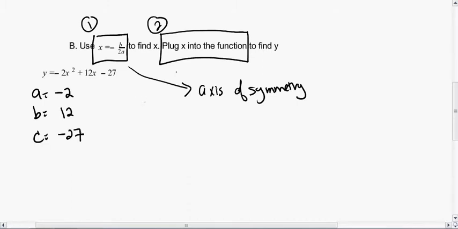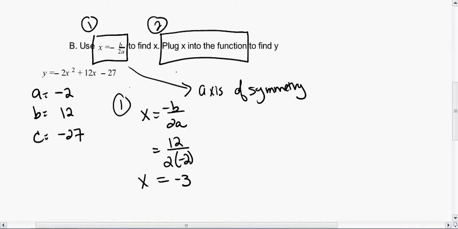My axis of symmetry formula is x equals the opposite of b over 2a. Substituting in values for b and for a, gives me 12 divided by 2 times -2, or 12 divided by -4, or x equals 3. Sorry, x equals -3. So there's the x value.